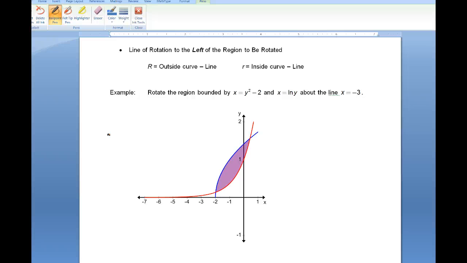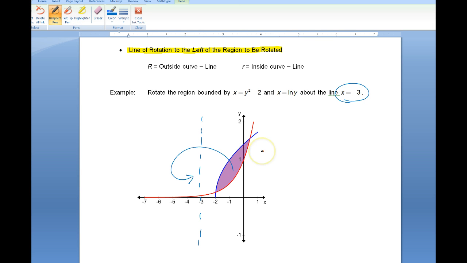And then, let's say I have this shaded region, and I want to rotate it about the line x equals negative 3. So picture it's going like that, going around. So when the line of rotation is to the left, the red line here is going to be big R, and the inside is the blue. Which one is which?